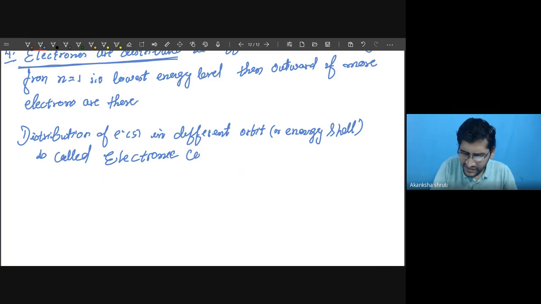Okay, students? So what is this electronic configuration?